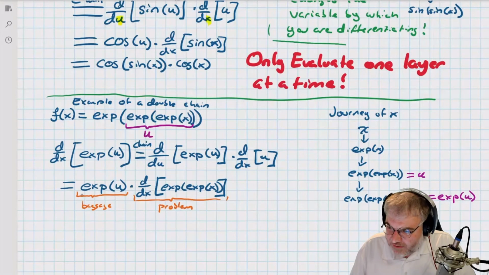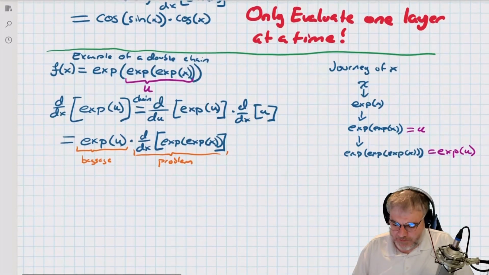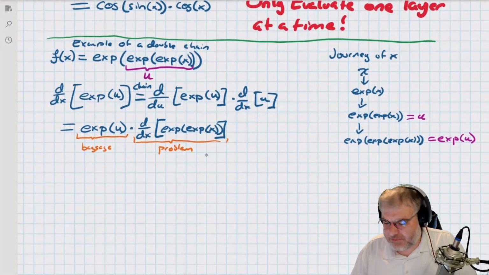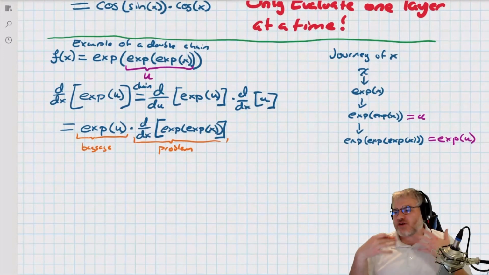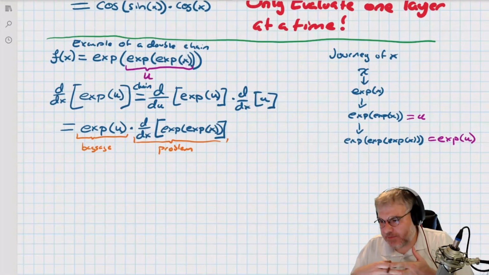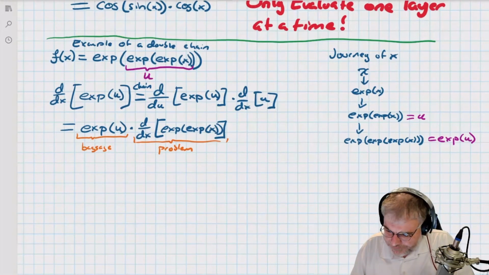So I have to carry this, but I don't have to deal with it anymore. And this right here is the problem I have to deal with. So the problem is now shorter and easier. Okay. So let's deal with our problem and carry our baggage.